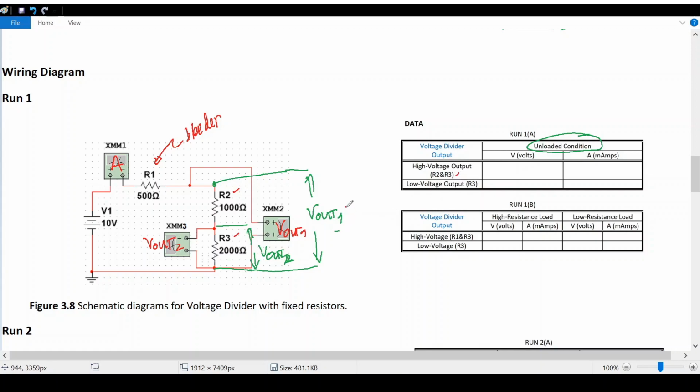So this is high voltage output, and this is the low voltage output. This will measure the low voltage output.